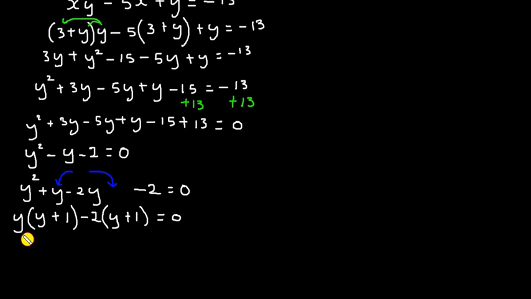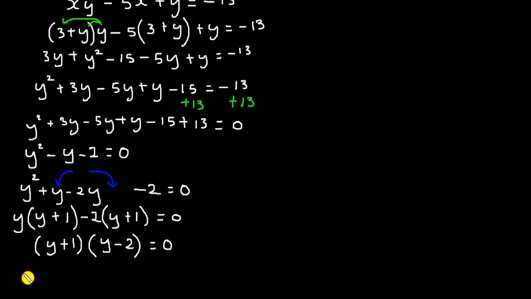Simplify. We're still simplifying and we're at the simplification stage. So y plus 1 is the common factor. So y plus 1 and we have y minus 2. Y plus 1 and we have y minus 2 equal to 0.